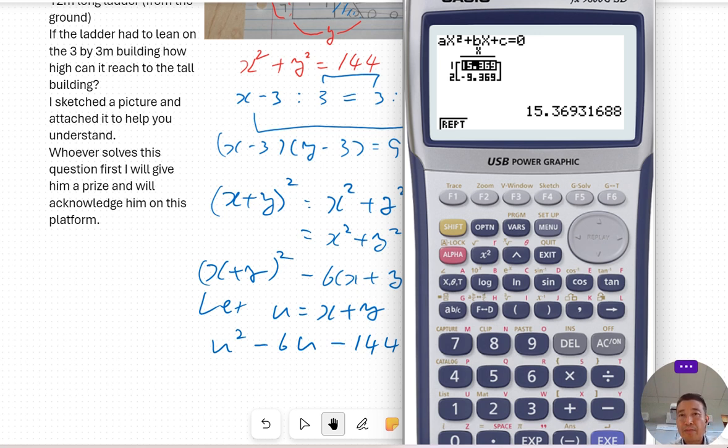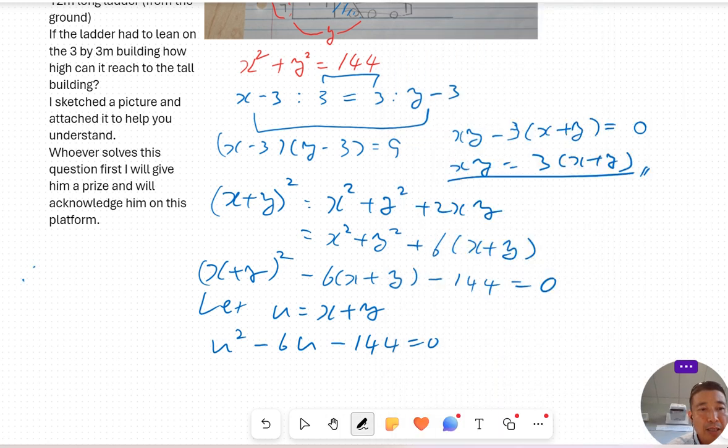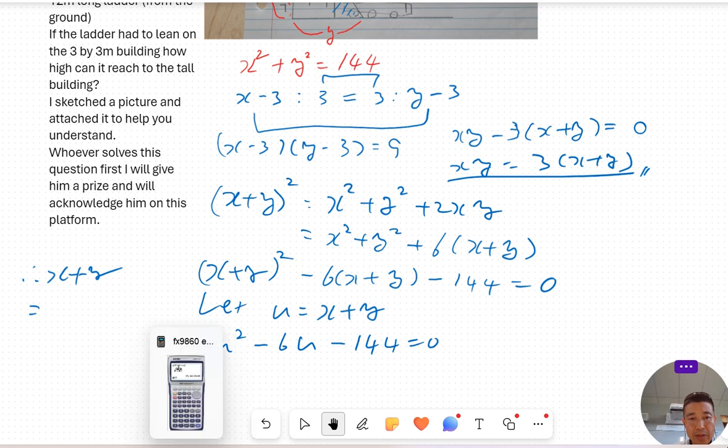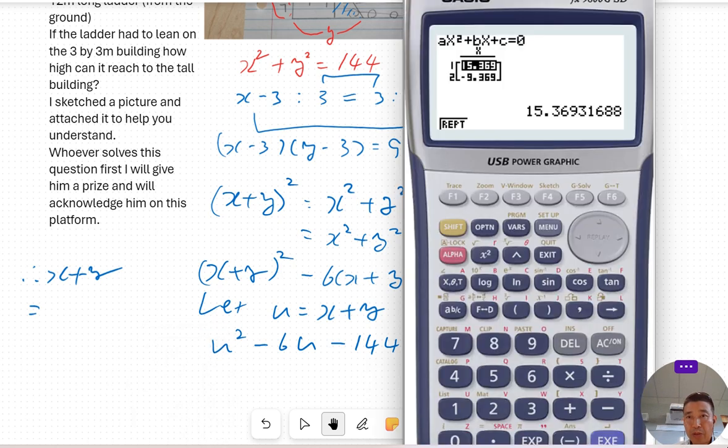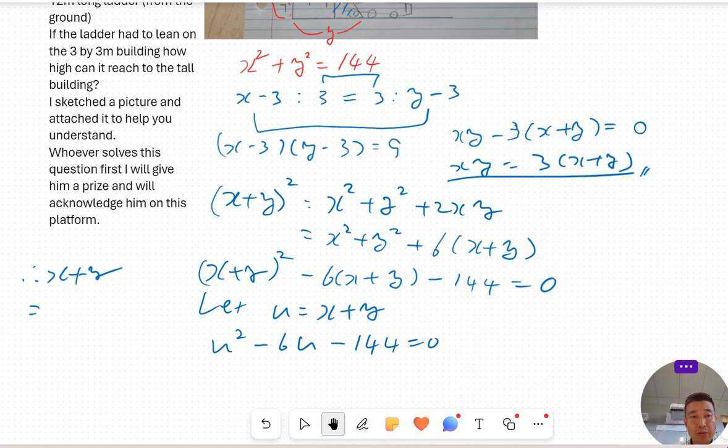So I've got one, 15.369, the other one is a negative number. So we don't even care for the negative number. That's rubbish, isn't it? So hence x plus y must be, sorry, how much was it? 15.37 would be enough, right? 15.37. So that way, now we have a relationship between x and y.